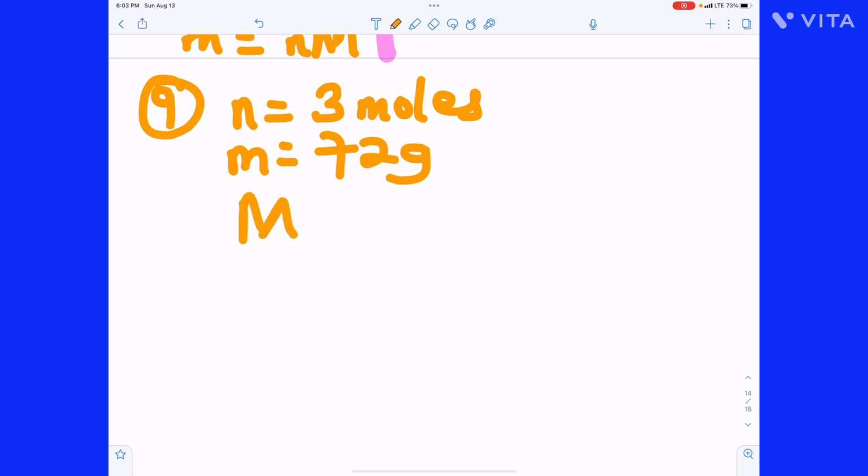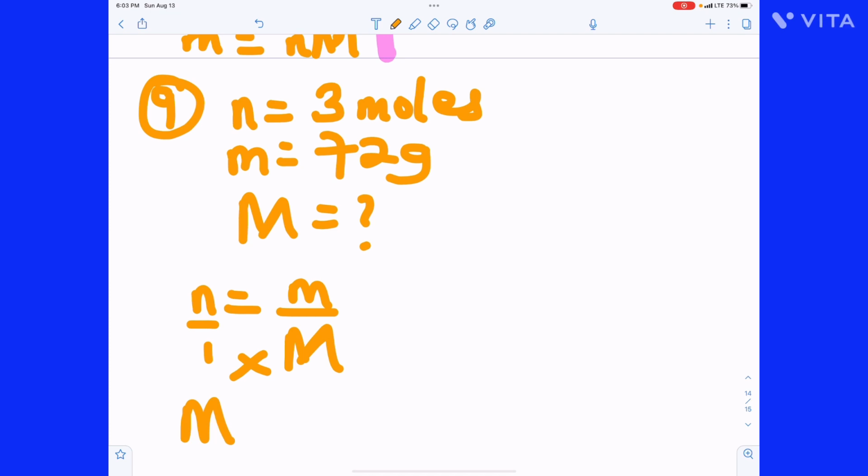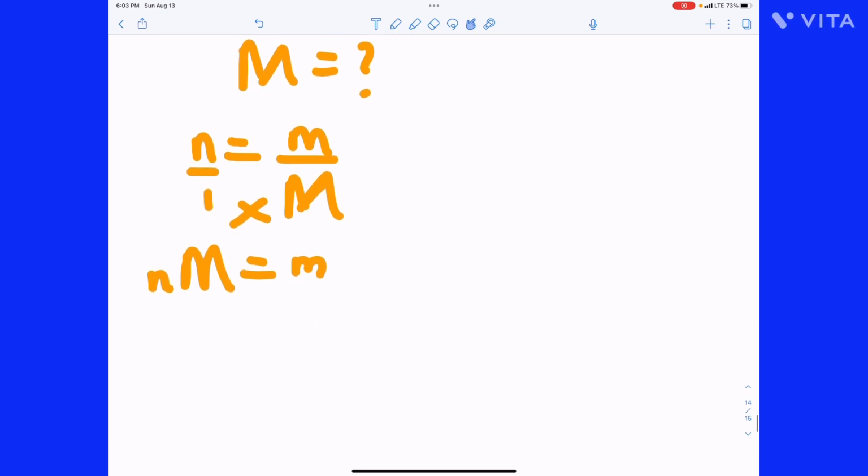We want the molar mass of that metal. Very simple. Number of mole is reacting mass over molar mass. So if you cross multiply, number of mole times molar mass is reacting mass. That gives you your molar mass as reacting mass over number of moles.